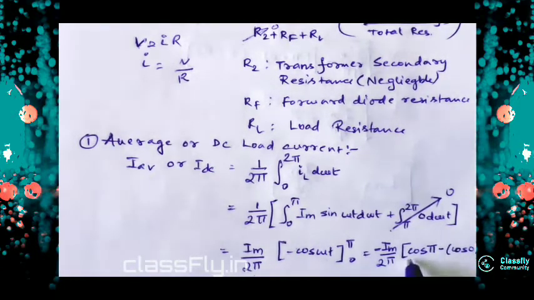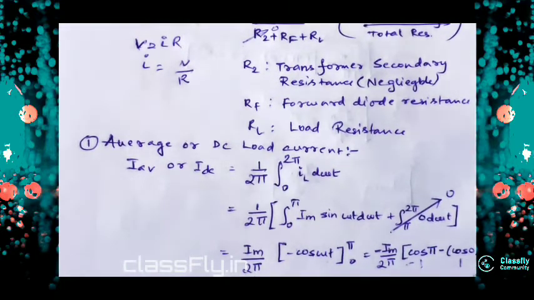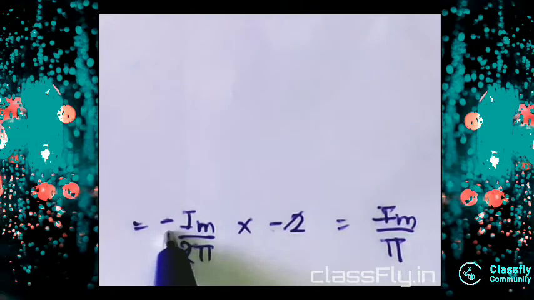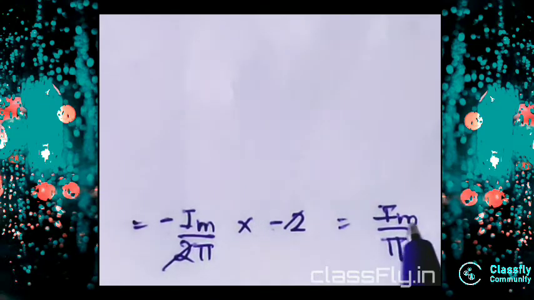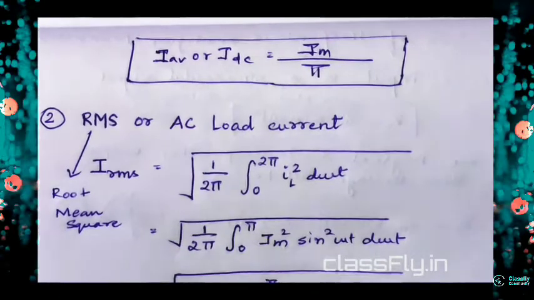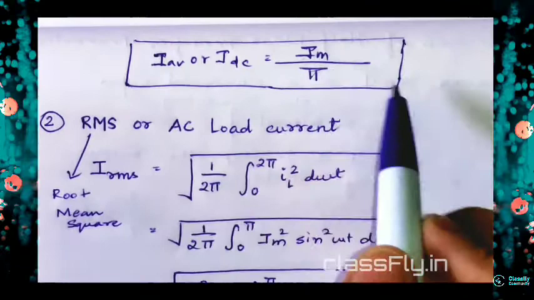We know that cos pi is minus 1 and cos 0 is 1, right? So it will be minus 2. We cut the 2 and minus becomes plus, so we get Im by pi. So our answer is IAV or IDC is equal to Im by pi.